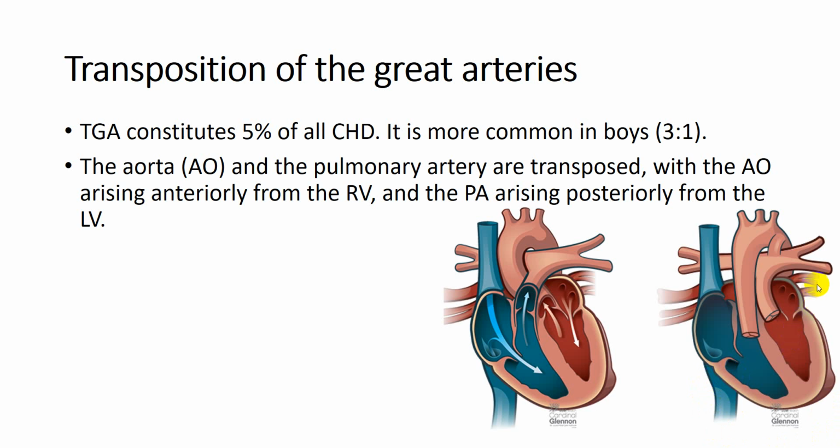And oxygenated blood from the pulmonary vein goes to the LA, to the LV, and from the left ventricle is pumped into the pulmonary circulation, to the pulmonary artery, and goes to the lungs, and returns back through the pulmonary vein to the left side of the heart.